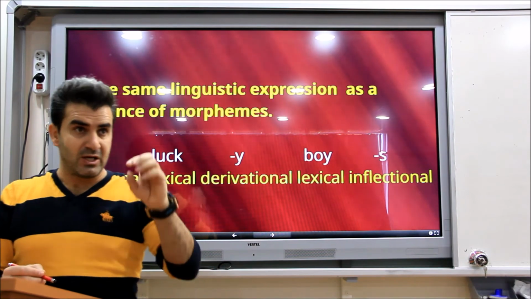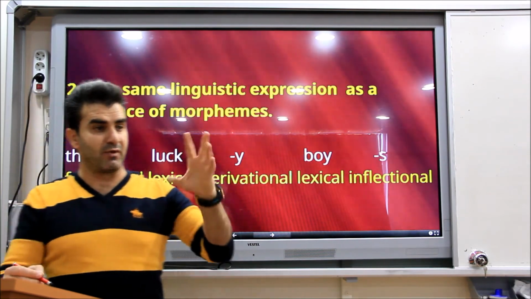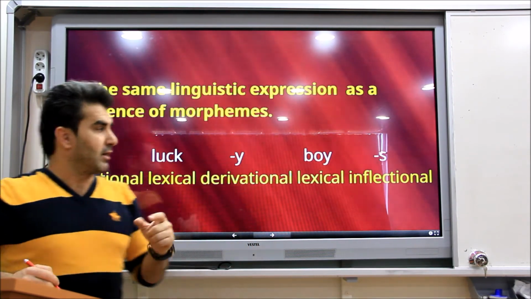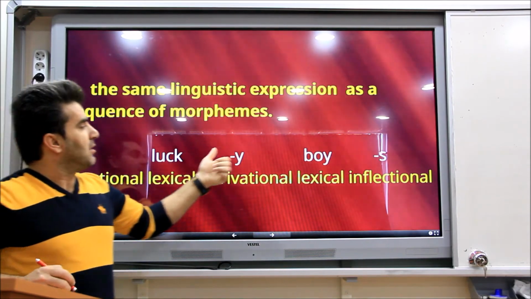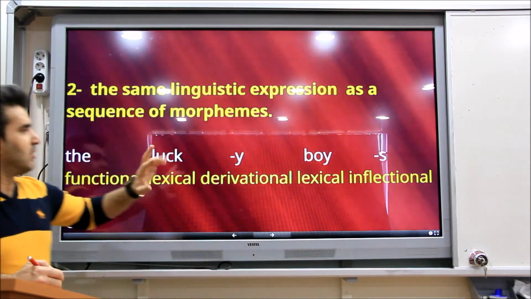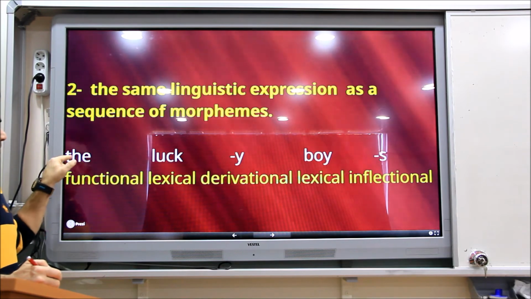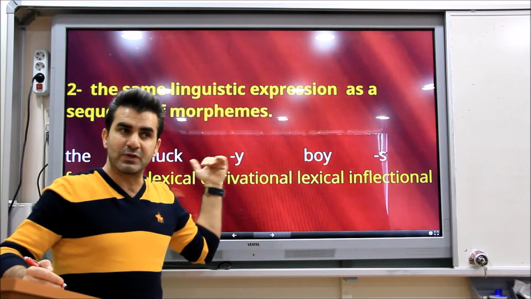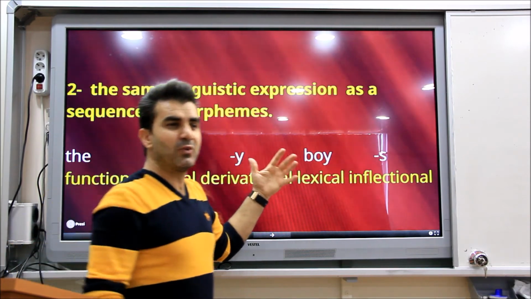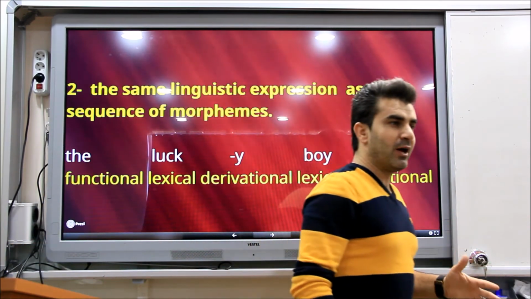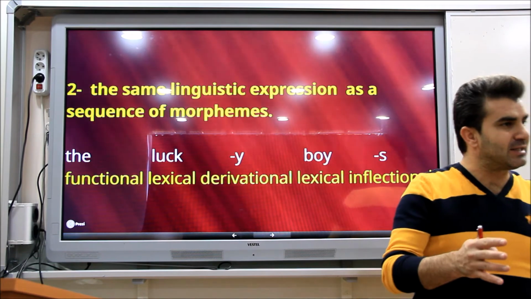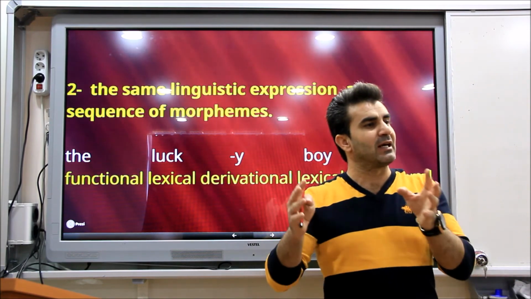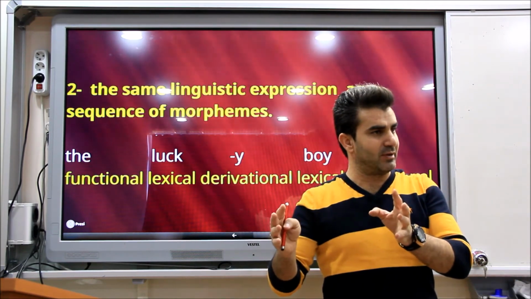Got it? Internal structure of a word. For example, the lucky boys. What are the words here? The lucky boys. These are words. And what is a word? A word, an independent linguistic form.